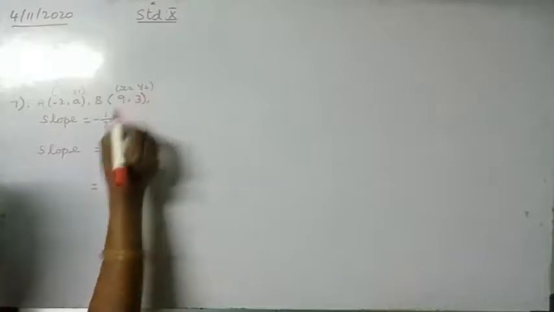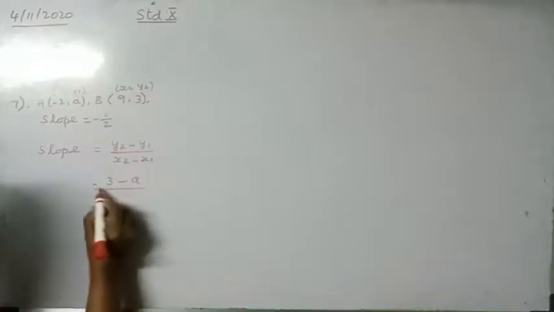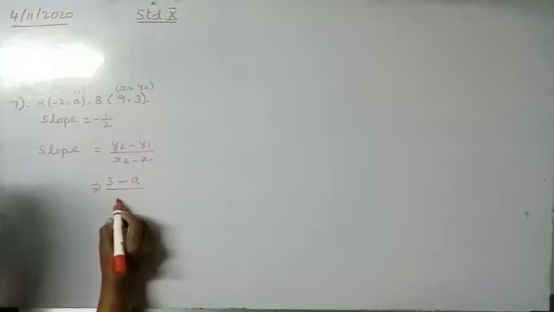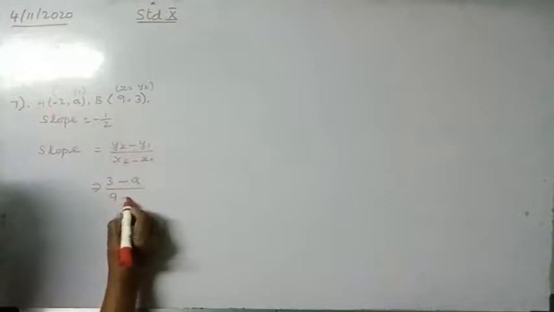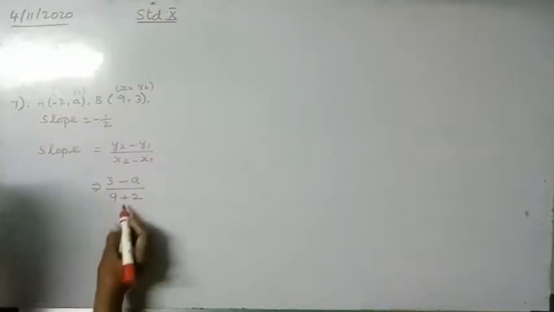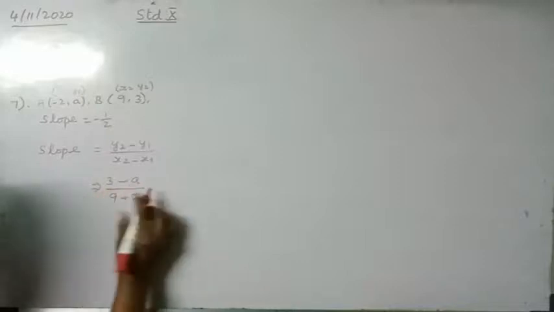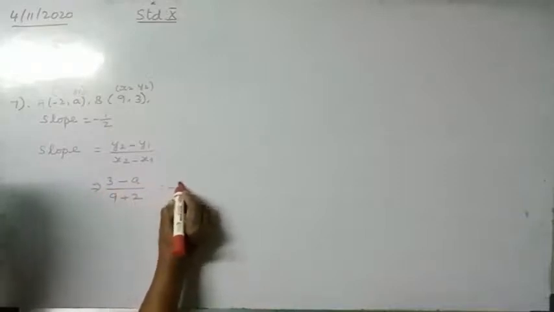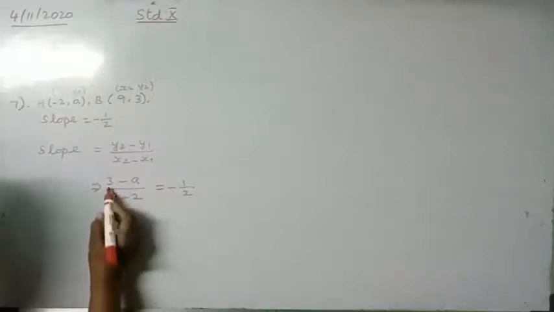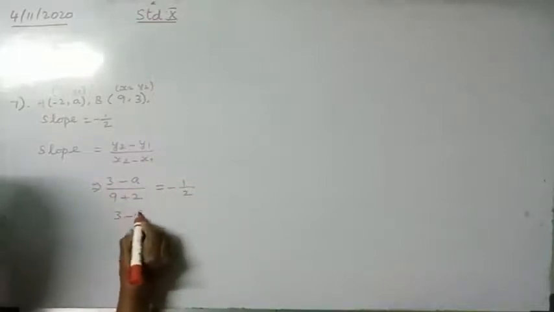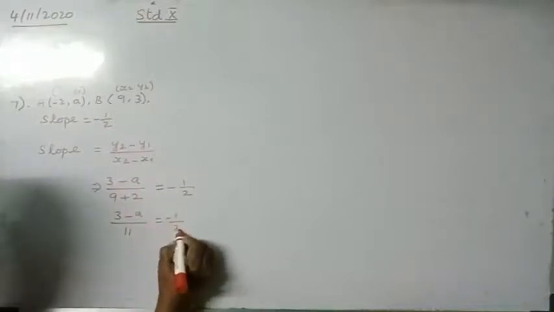So y2 is 3 minus a divided by x2, which is 9 minus of minus 2, so plus 2. Here minus 2 is there in the formula. So slope is equal to what is given? Slope is equal to minus 1 by 2. So we have to take this minus 1 by 2 here. So 3 minus a by 9 plus 2 is 11 is equal to minus 1 by 2.